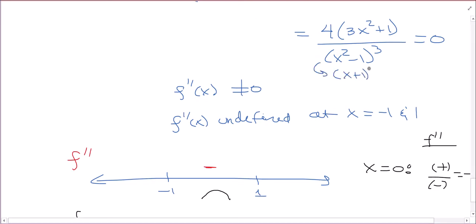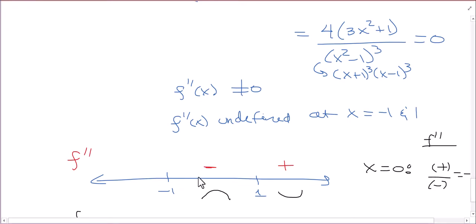So x plus 1 cubed and x minus 1 cubed. So as I go across positive 1, which term gave me x equals 1? It was the x minus 1. So that is cubed, so odd power. So I have a negative. So that means that the sign is going to change. So that means now the function is going to be concave up.